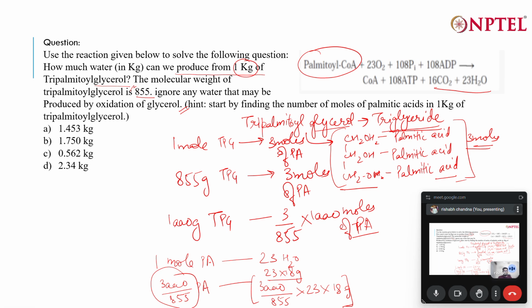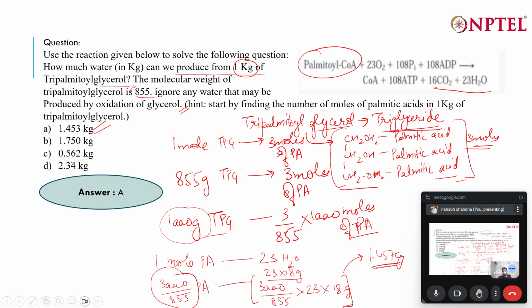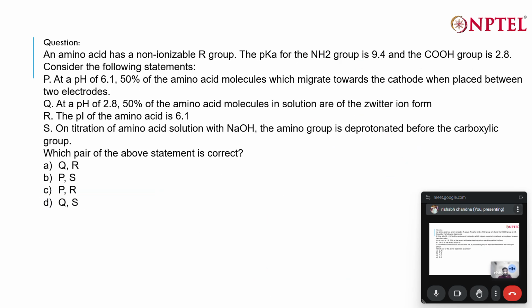And why these many moles? Because we have 1000 grams or 1 kg of tripalmitoyl glycerol. After solving this, it would be equivalent to 1.45 kg. So this would be the correct answer, option A. I hope the explanation is clear for the question. So let's move on to the next question.